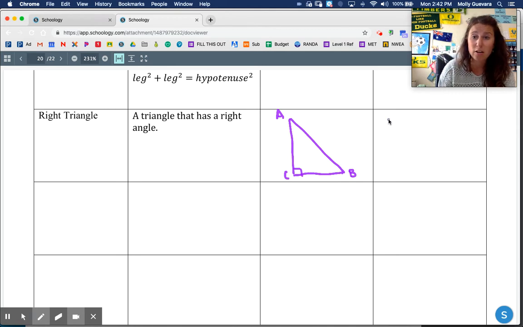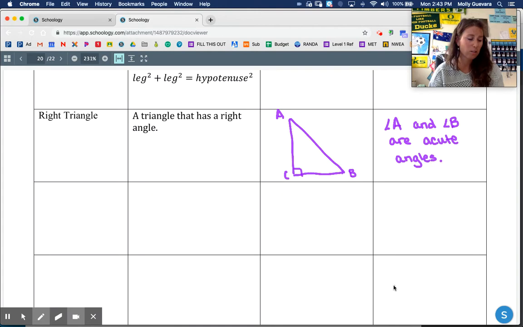Something also special that happens is that angle A and angle B are acute angles. Both of those angles have to be less than 90. Hopefully nothing too mind-boggling on those terms.